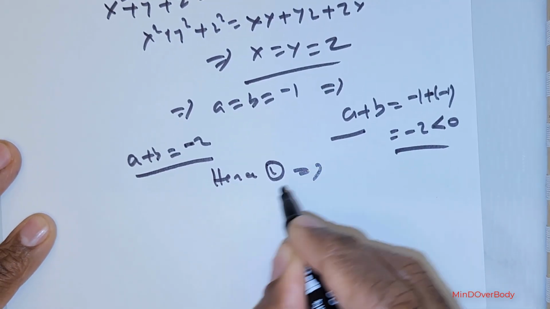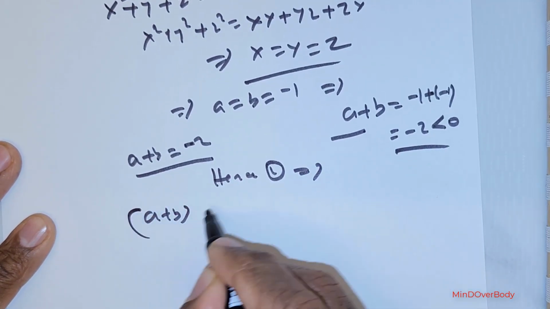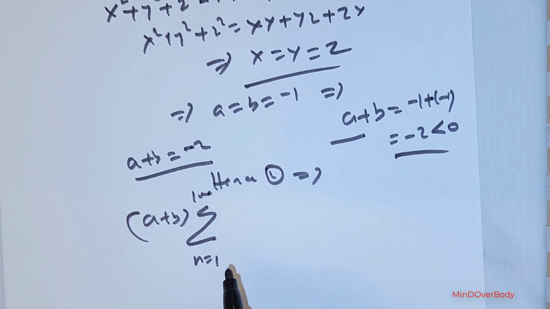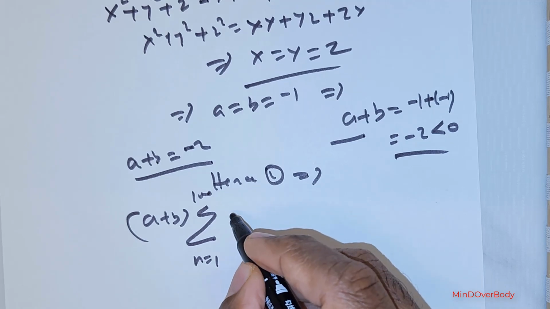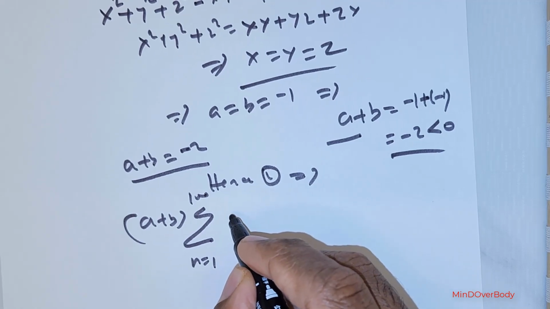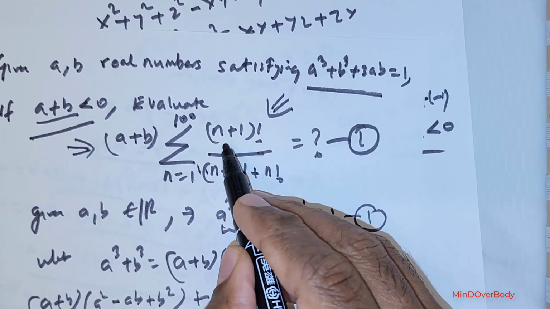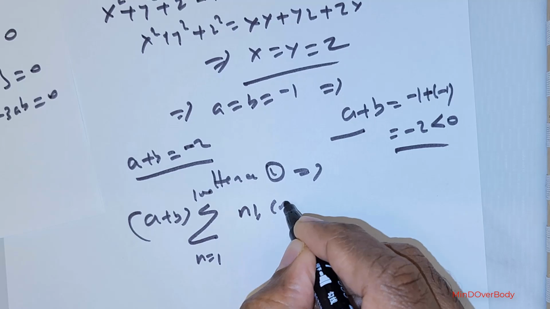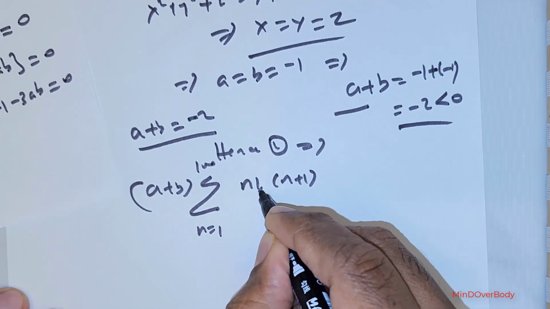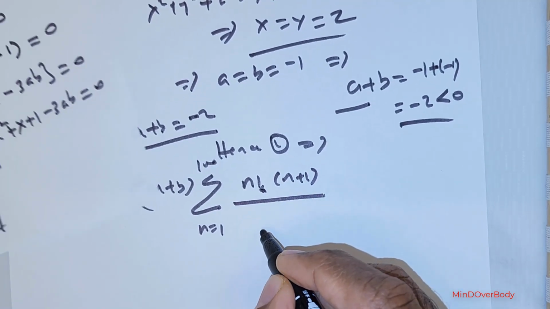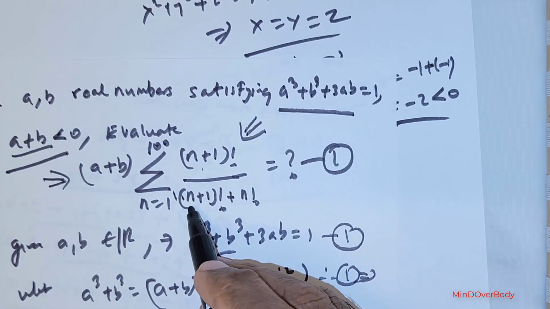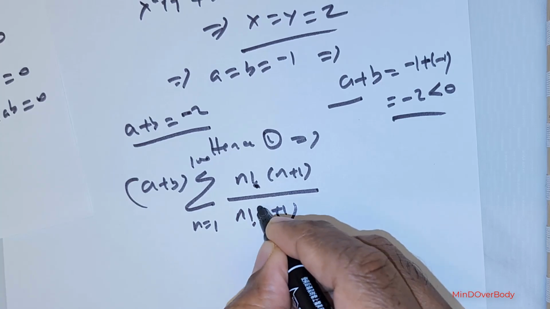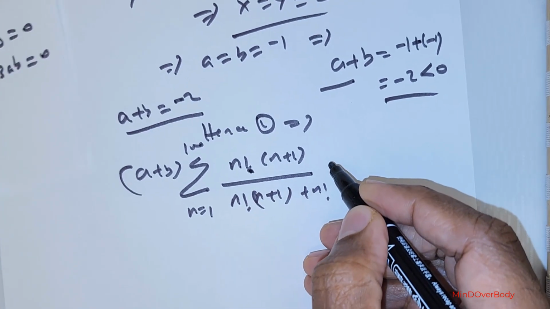Hence 1 can be rewritten as (a + b) Σ n = 1 to 100. Now we have this (n + 1), right? So I'm going to write this (n + 1)! as n! times (n + 1), divided by, and you have this (n + 1)!. So n! times (n + 1) + n!.